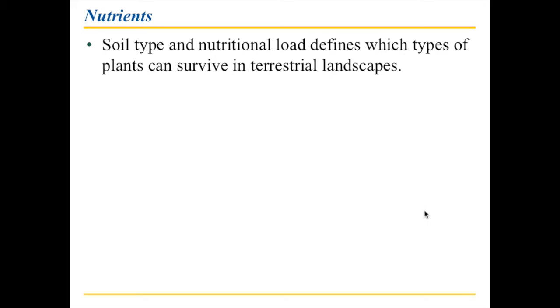If, for example, you look at a landscape, I'm drawing a hilly landscape. And in this hilly landscape, you will find plants primarily in areas where the runoff from the hills, based on rain, concentrates the nutrients.